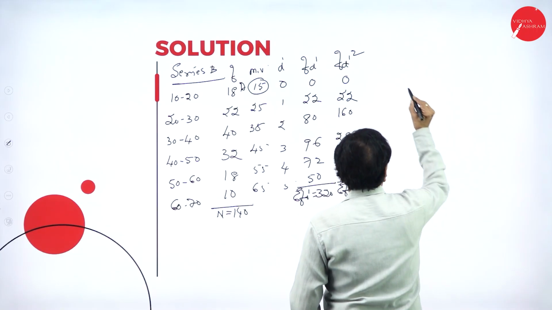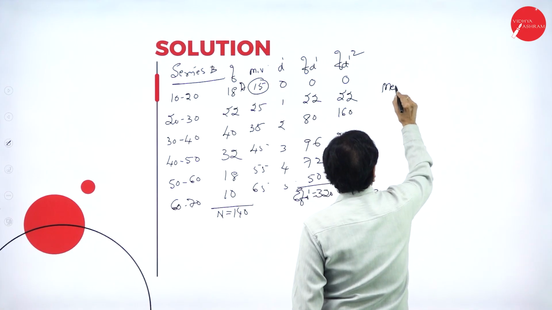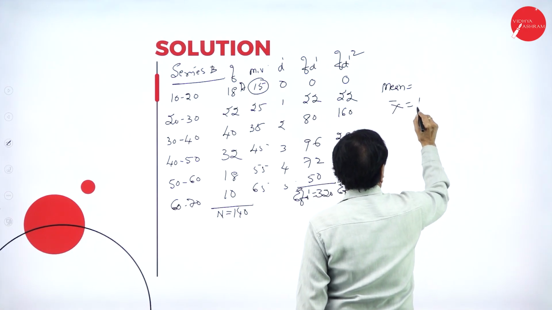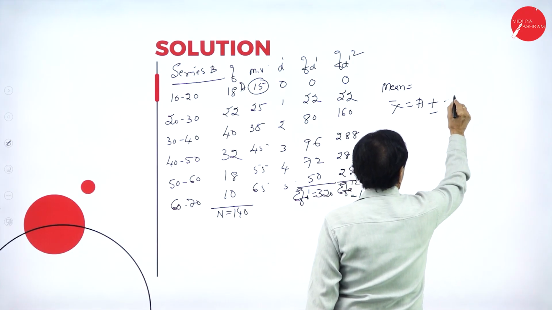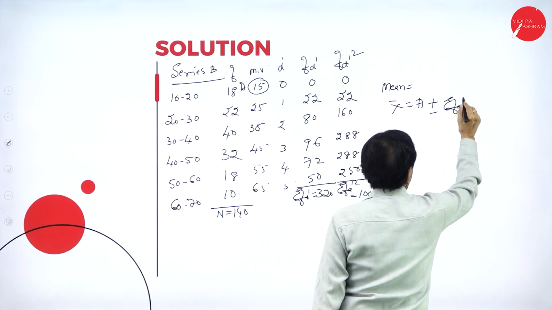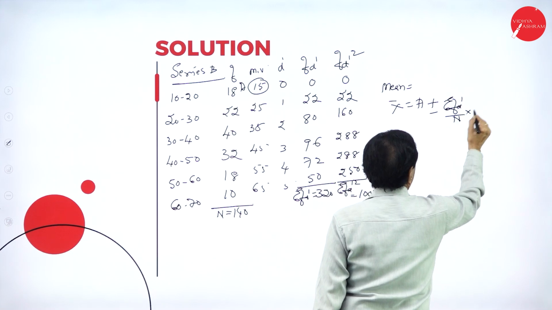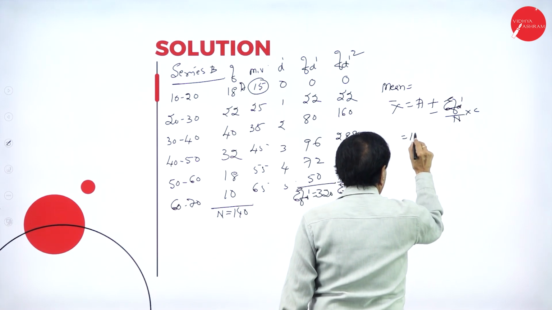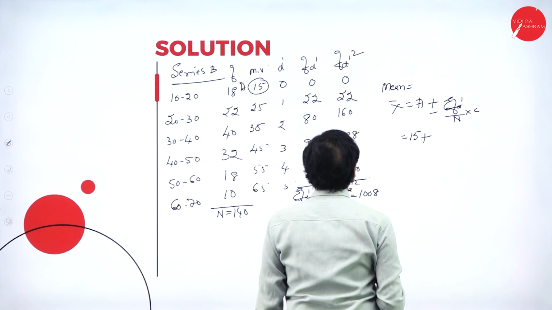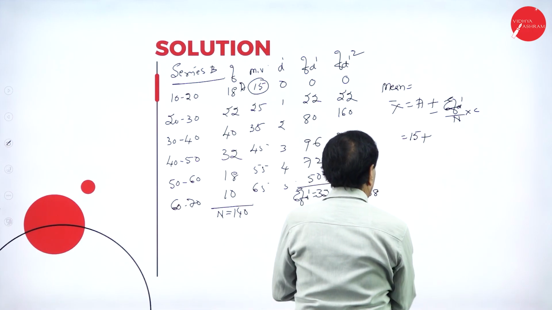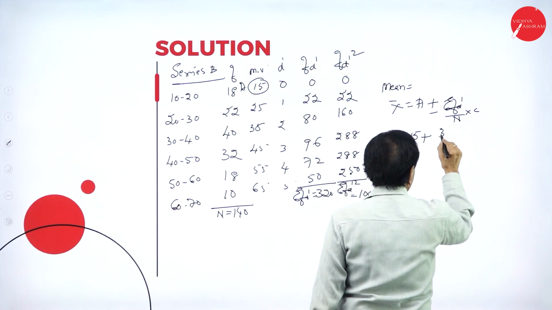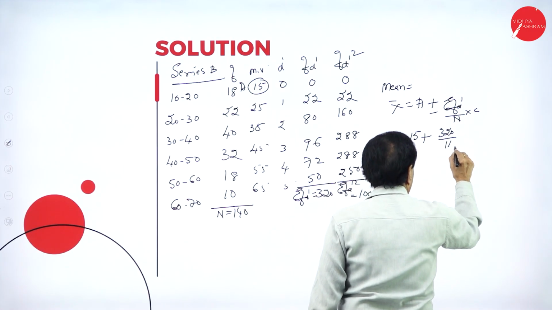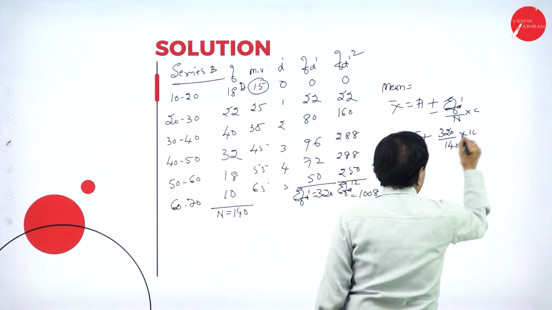We'll go with mean. X mean is equal to A plus or minus sigma ft dash divided by n into c. What is assumed? 15. What is ft dash? 320. Number of frequencies 140 into 10.